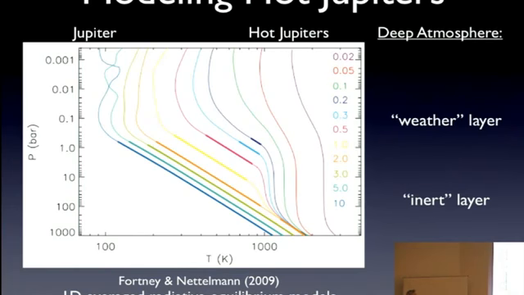We are very far away from a Jupiter-like structure. What I'm showing here is one of Jonathan's results on this: pressure in bar from about the photosphere here. There are slight differences in where you absorb stellar light and where the infrared comes from, but it's about that region, broadly speaking.